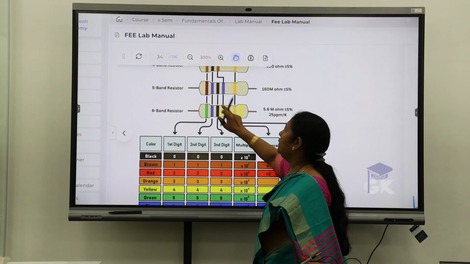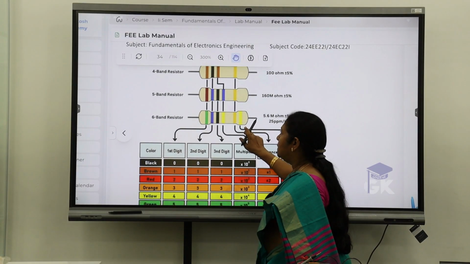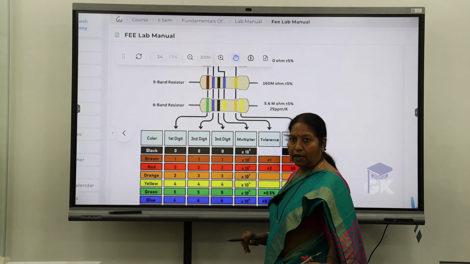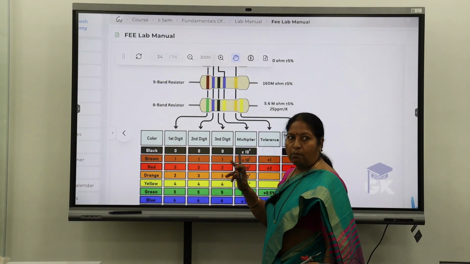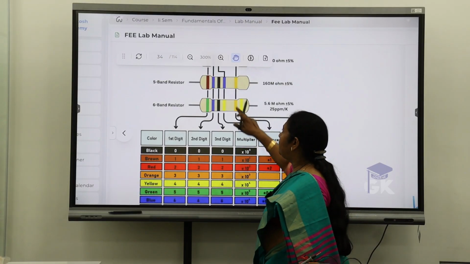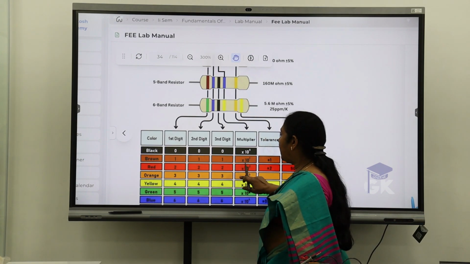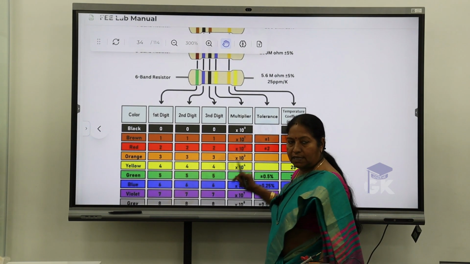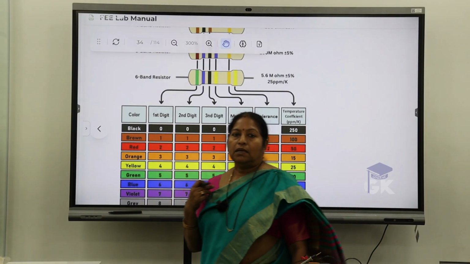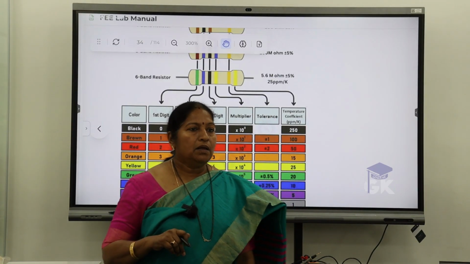So 1, 7. Next band is black, 0. Correct? So how much is that? 170 multiplied by 10 to the power of, what is the violet value? 7. 10 to the power of 7. Just calculate.